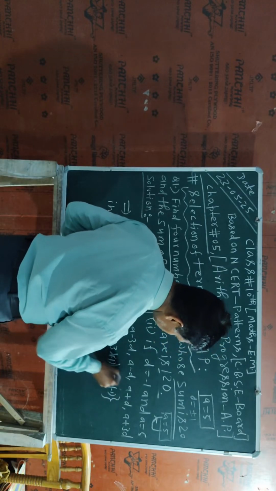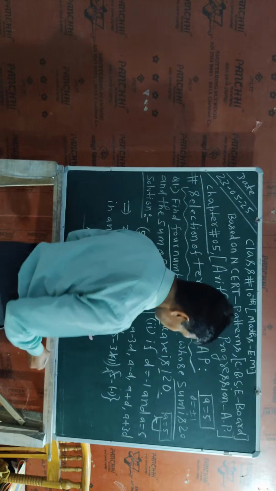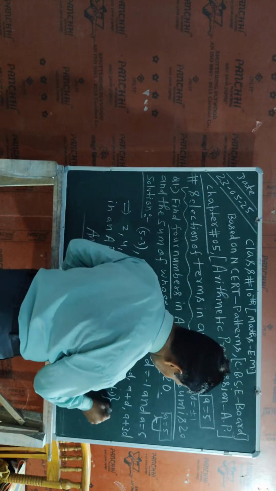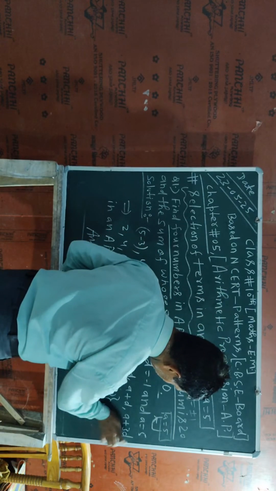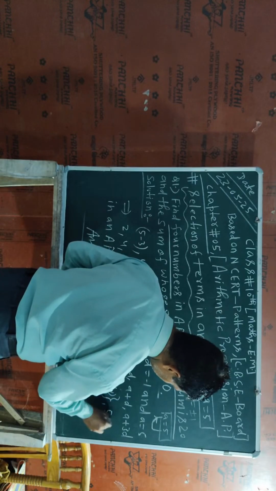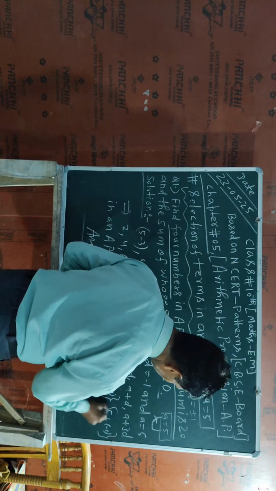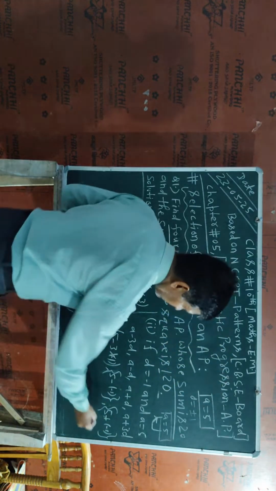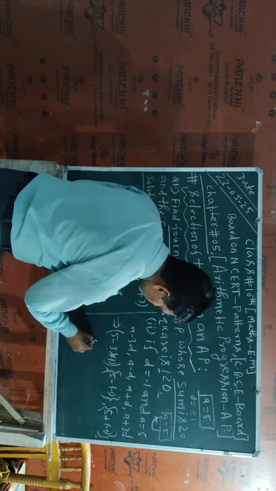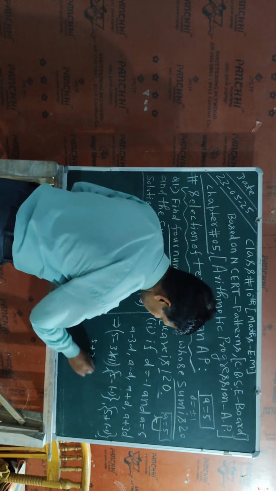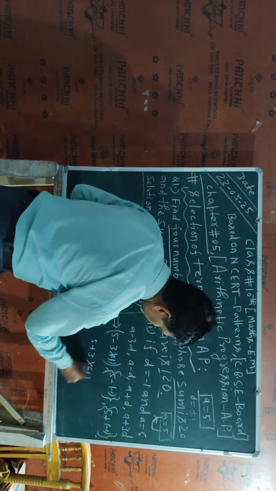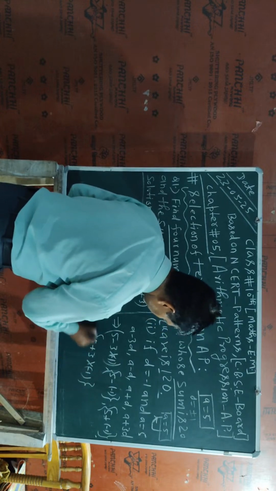I will write it in curly brackets. Now here I also have to write a plus b, value of a is 5, and here it is plus, and the value of b is minus 1. For the fourth term I will write 5 plus 3 into, in the bracket I have to write minus 1. Now further I will simplify.